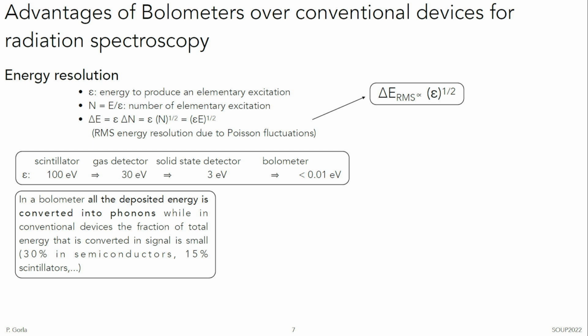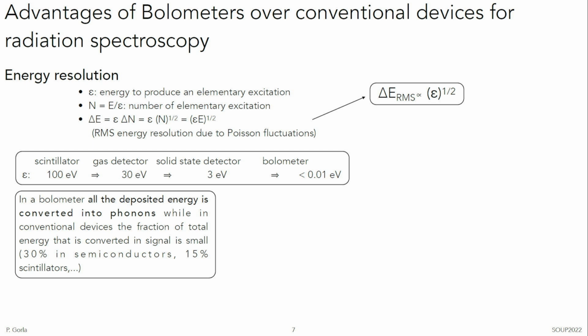The typical channel is the phonon excitation. In solid material, most of the energy of the interacting radiation is converted into excitation of the oscillatory modes of the crystal, of the material that you are using as an absorber. So you lose most of the energy.